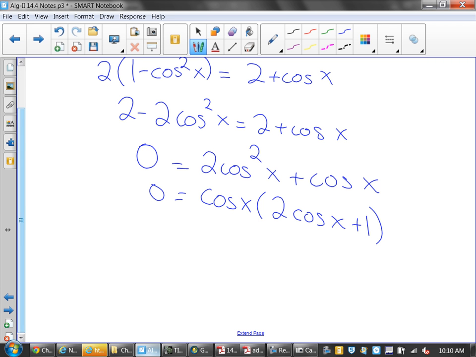From there, set both terms equal to 0. Cosine of x is 0. Cosine of x equals negative 1/2. Is everybody okay with me just moving that 1 divided by 2 right off the bat? Is that okay?